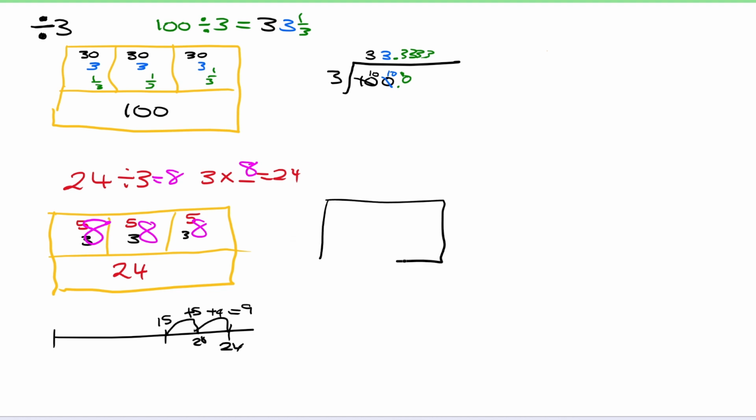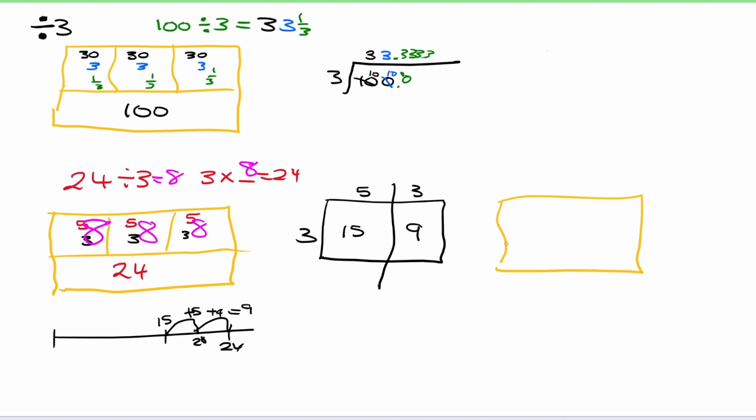If I took the in-between step, I could say, I know that 3 5s are 15, and I've got 9 left over, so this must be a 3. The other way I could have thought about it, I could have said, oh, wow, hang on, I'll draw it over here. There's my 3 equal groups. I've got 24. I know 10 is too much, but let's just see what happens.